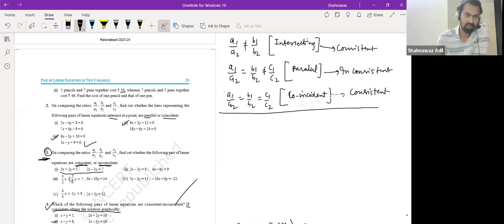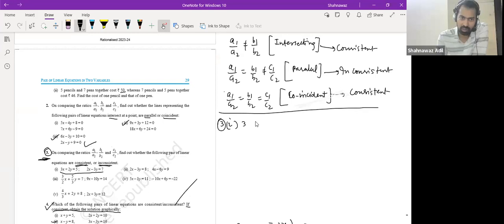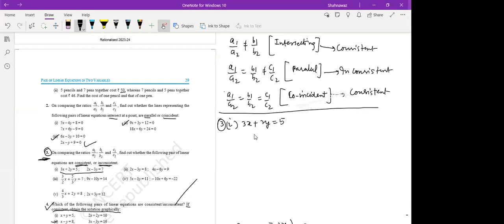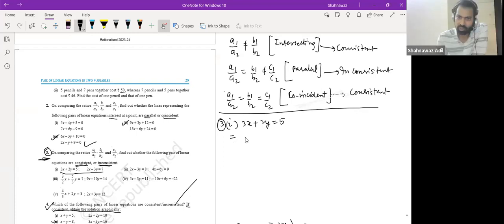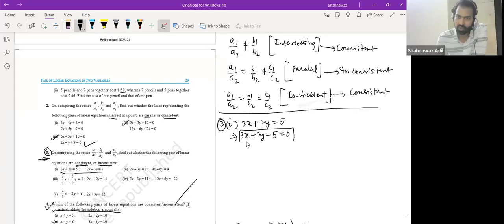Okay. So now let us do this first part of the third question. 3x plus 2y equals 5. We have to write it in the general form, so this would be 3x plus 2y minus 5 equals 0. This is the first equation. And what is the second equation?